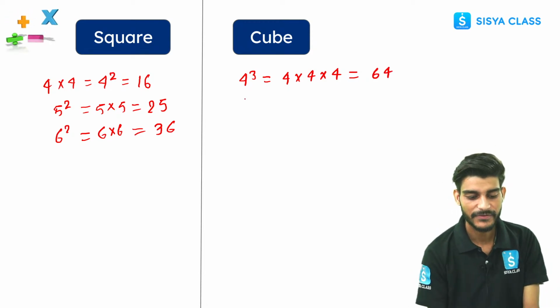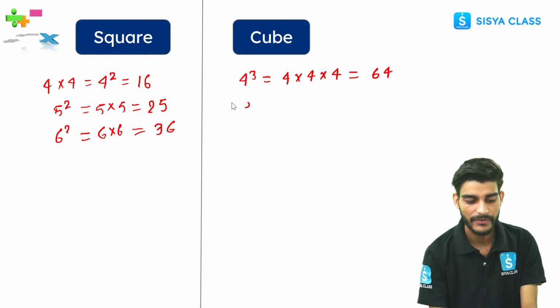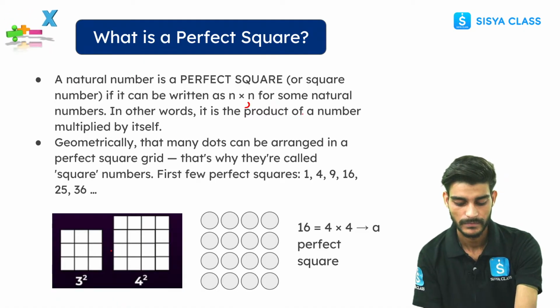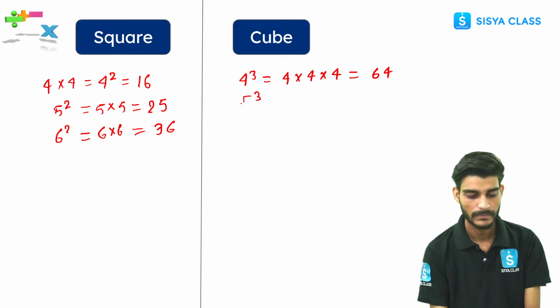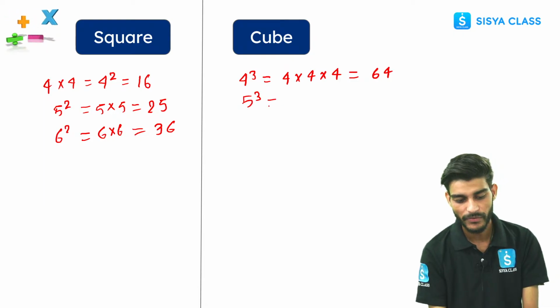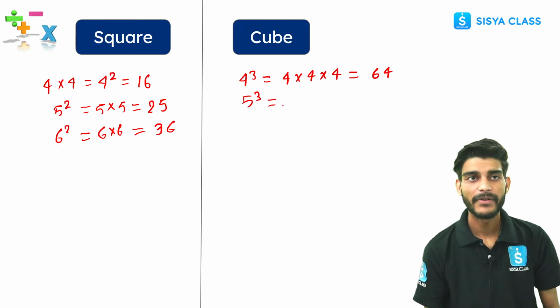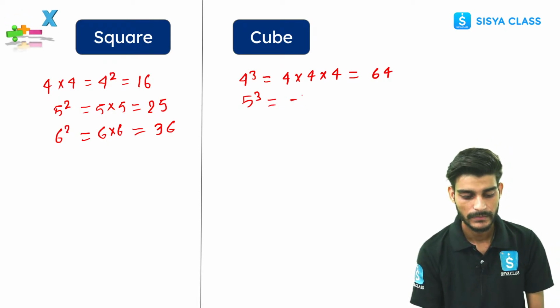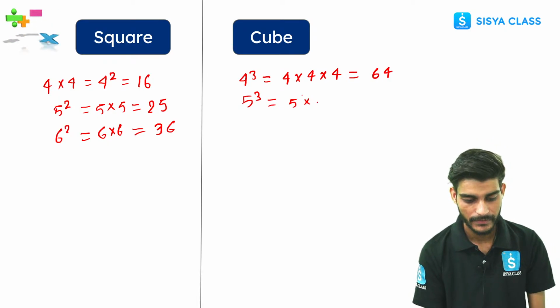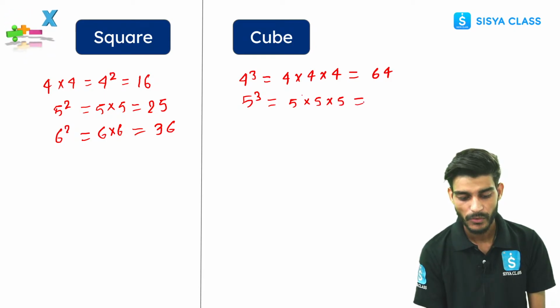Clear? Now let's find the cube of 5. Cube of 5 is multiplying 5 3 times. 5 into 5 into 5, which is 125.